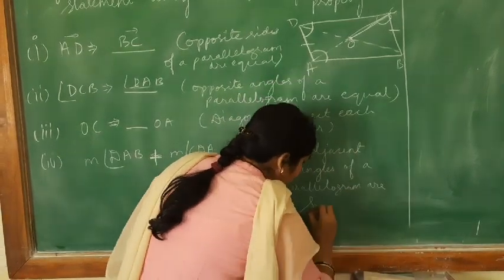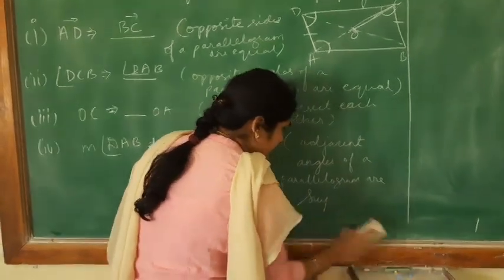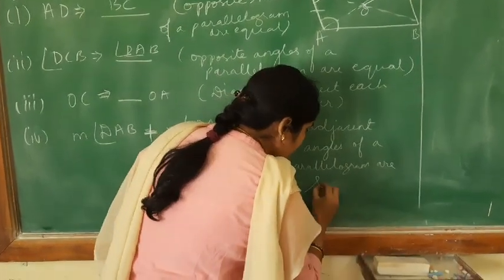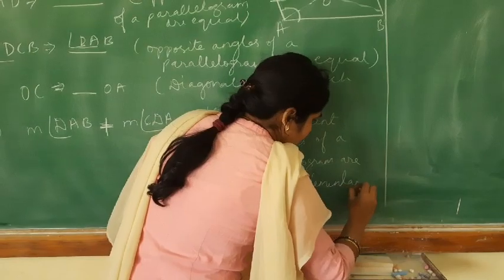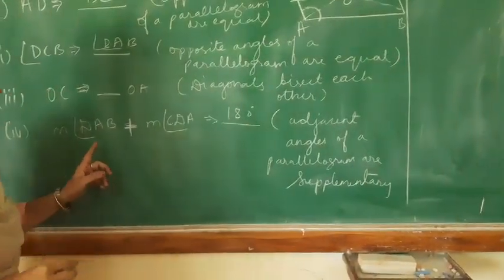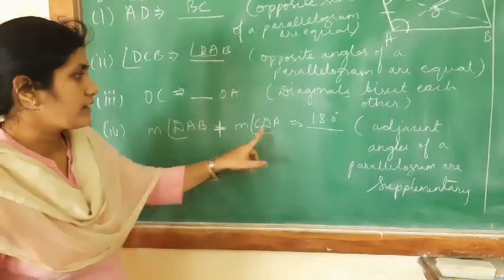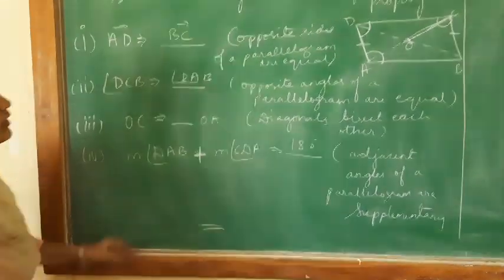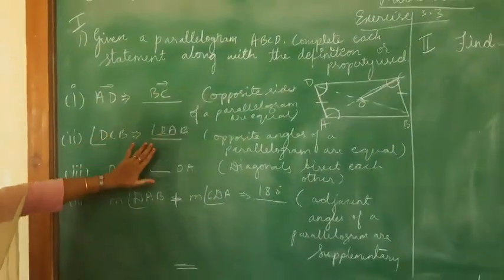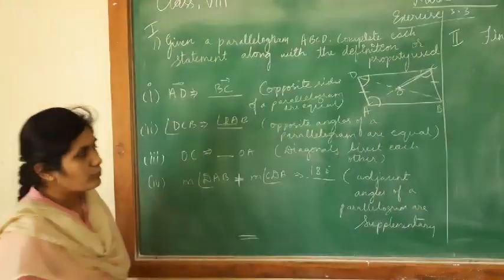Supplementary in the sense 180 degrees. Sum of those two angles will be 180 degrees. So here addition of angle DAB plus angle CDA is equal to 180 degrees. So these are the properties which these statements possess.